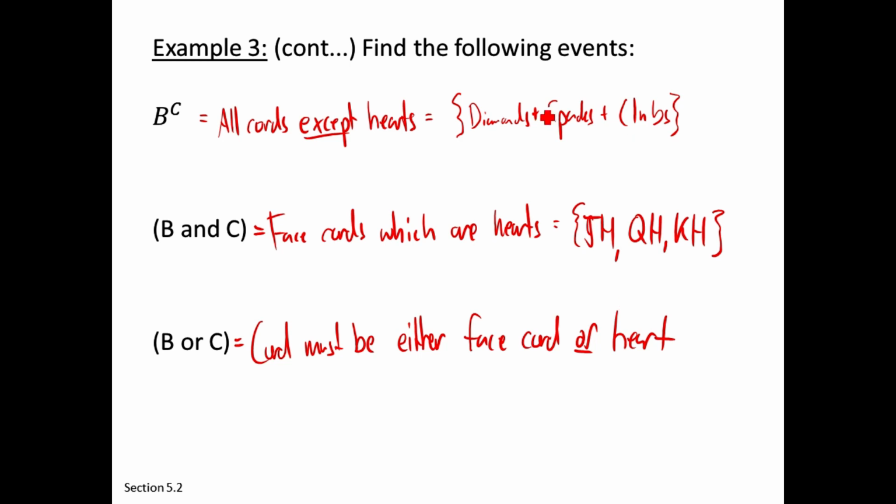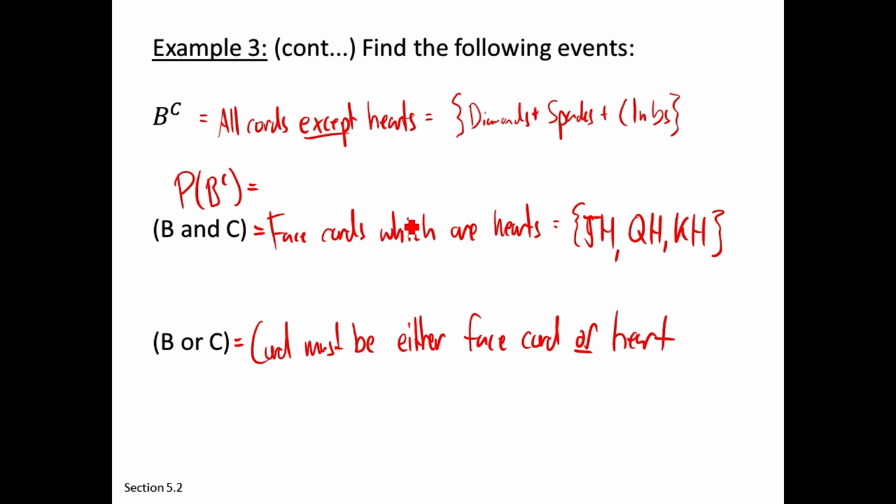What if I wanted to find the probability of these happening? What's the probability of B complement? It would be your original answer subtracted from 100%. It turns out we're going to be able to do that with complement events.